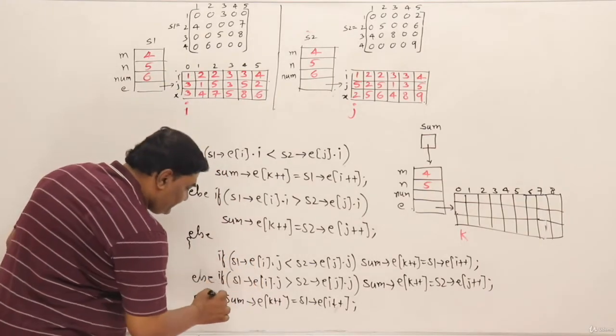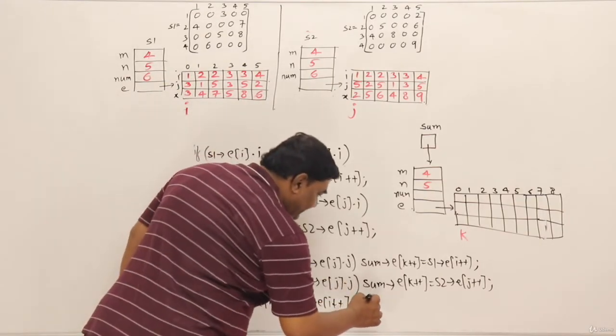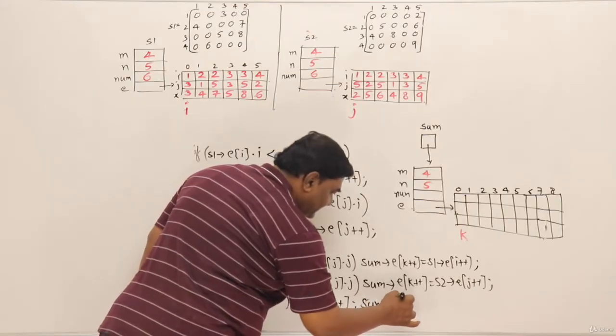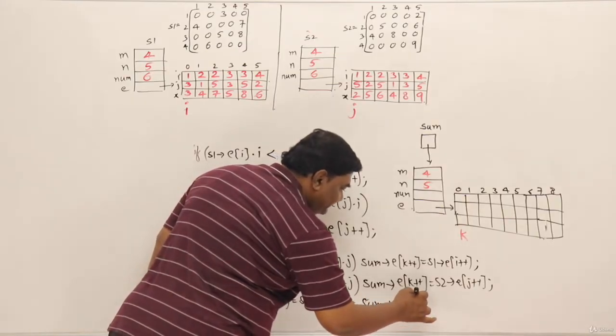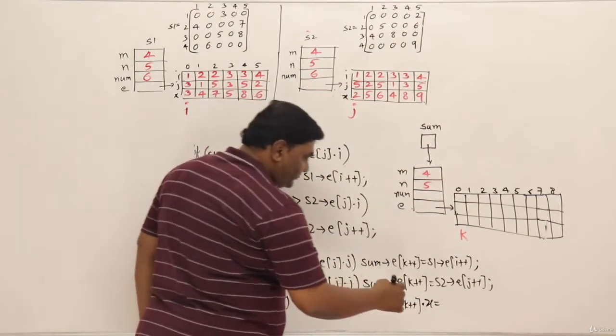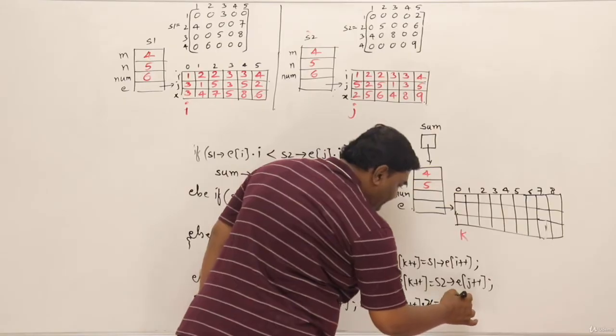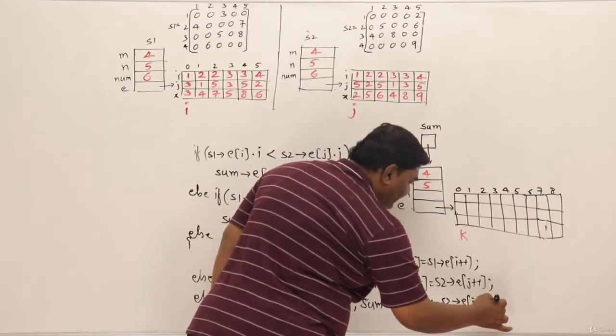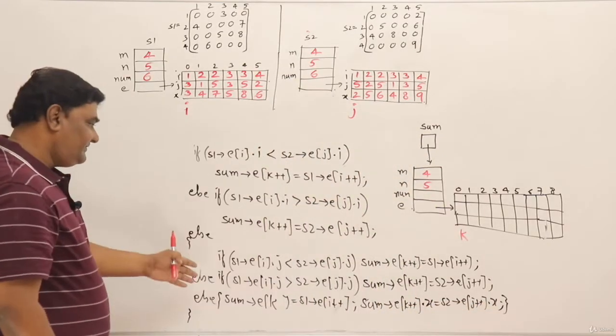So I need one more statement. So after this, I should say sum of E of k plus plus. In this x value, I should add the value from S2. So S2's E of j plus plus dot x value. That's it.